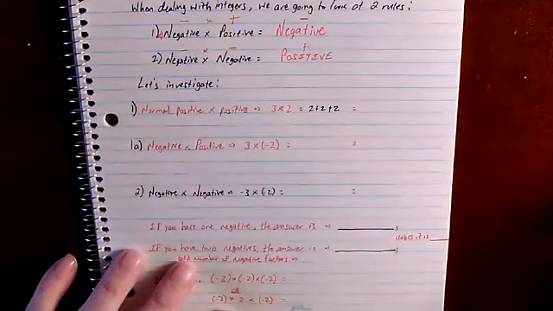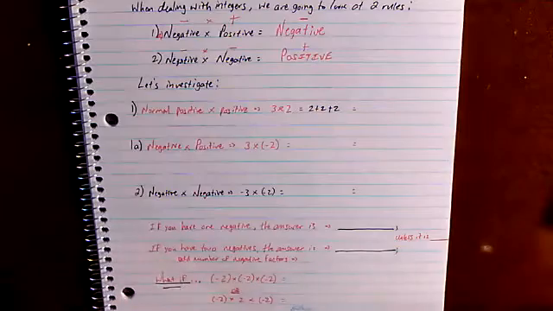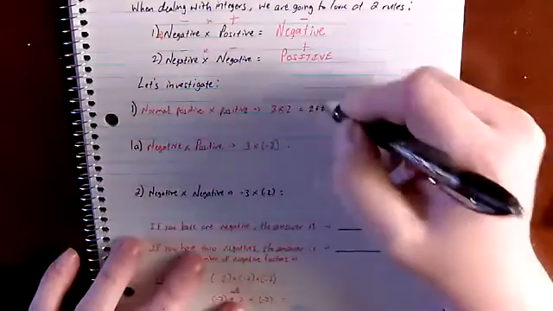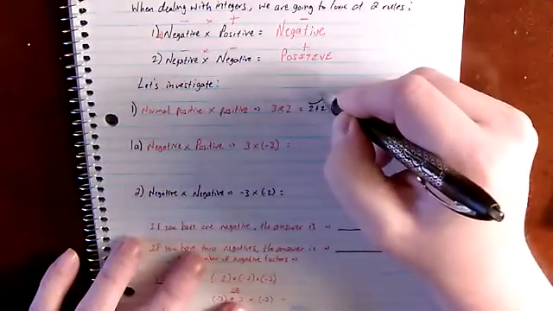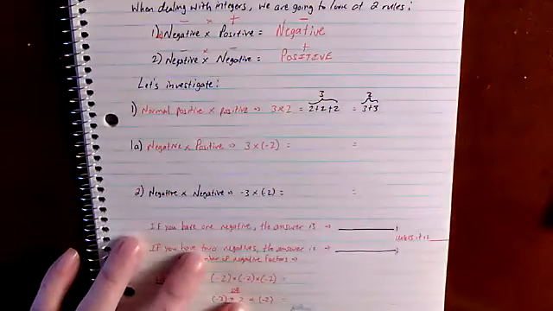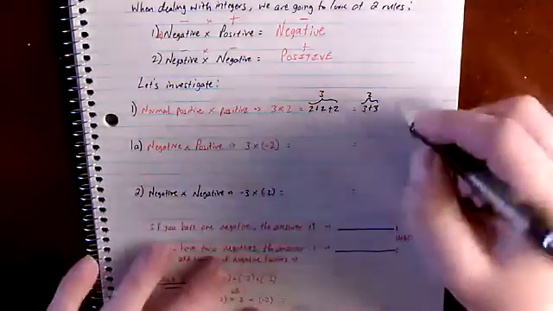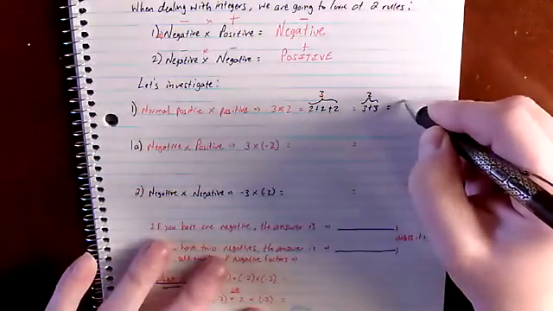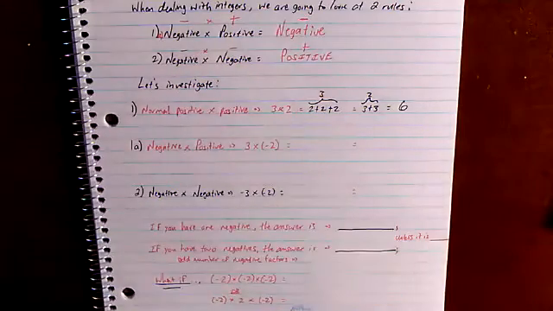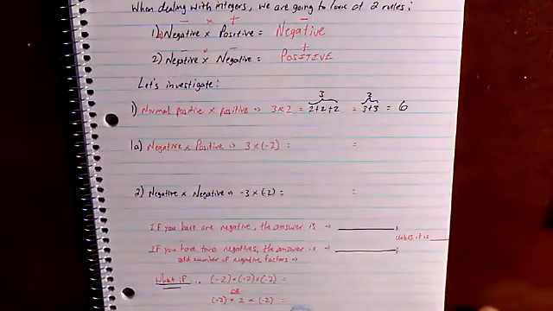Or I could have two groups of 3, so 3 plus 3. Either way, my answer is going to be 6. 3 times 2 is 6. We know that.